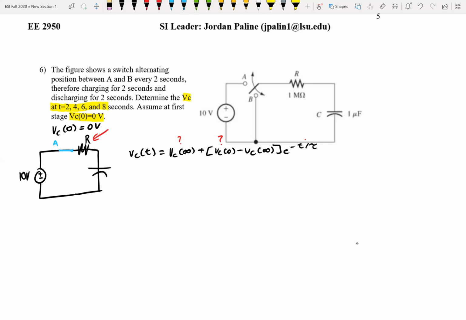So fortunately for us, the tau equation is going to remain the same, because this is the A circuit. The B circuit looks something like this.